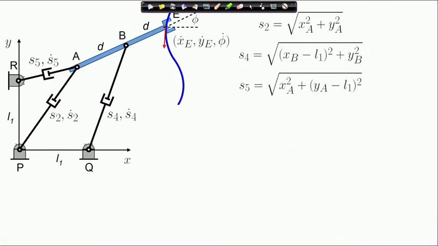So, let us recapitulate what we had discussed about the velocity analysis problem for this manipulator.